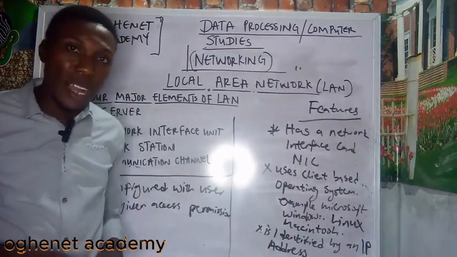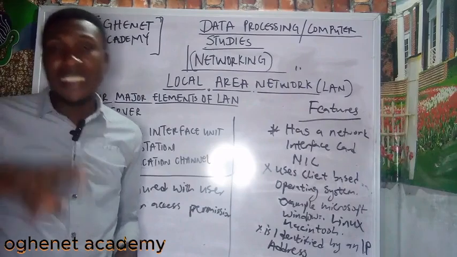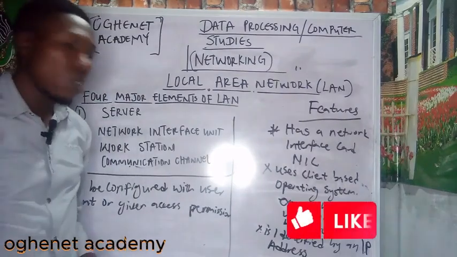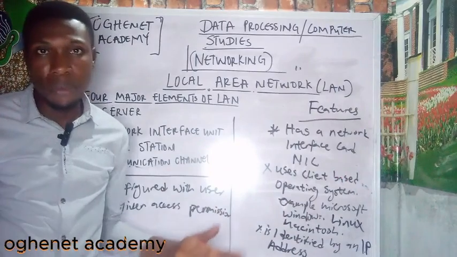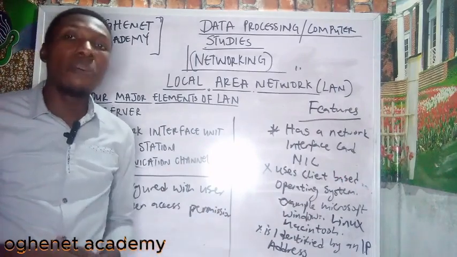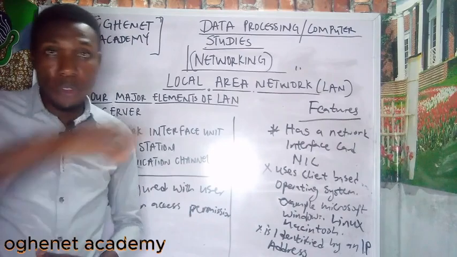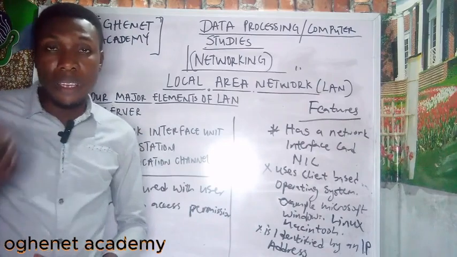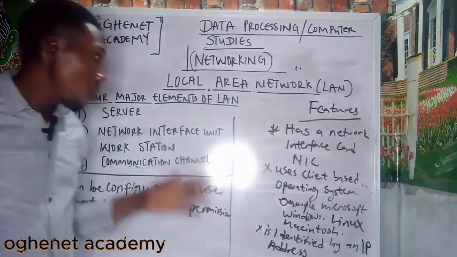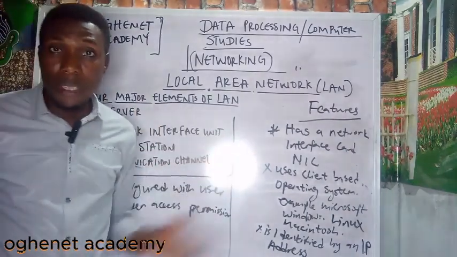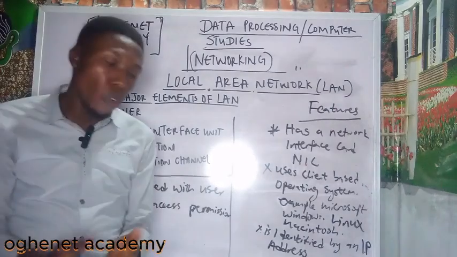Take for instance, you have a small office, because most of the time local area networks are restricted to a small space, within a room, an office, or probably a school's computer laboratory. They want to connect all of the computers in the laboratory to a single server. They can implement this local area network that we're talking about. So a local area network is in a small space, in a small room.